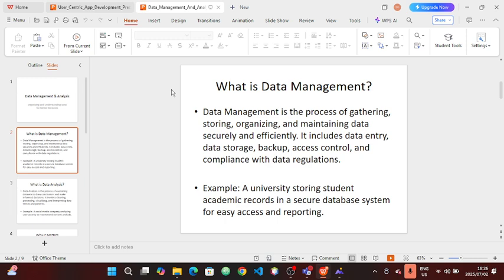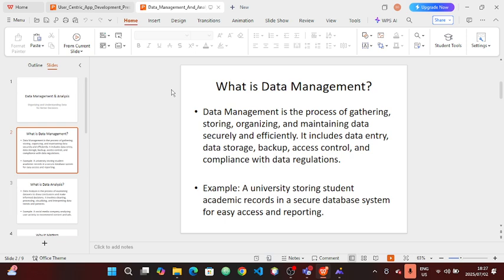It includes data entry, data storage, backup, access control, and compliance with data regulation. For example, a university storing students' academic records in a secure database system for easy access and reporting.